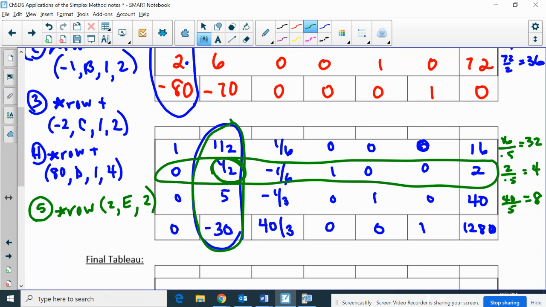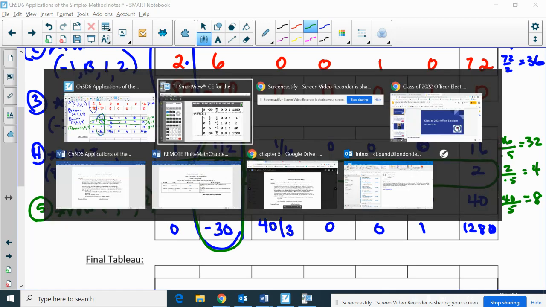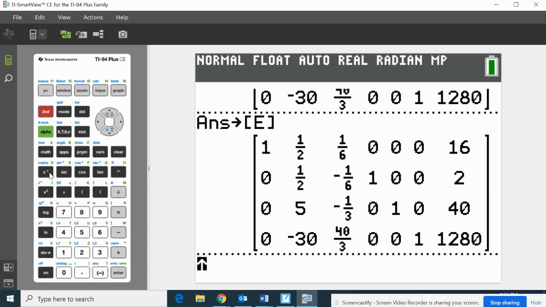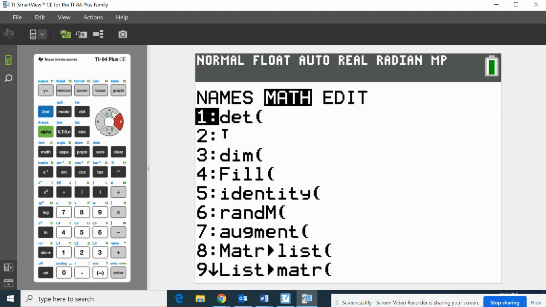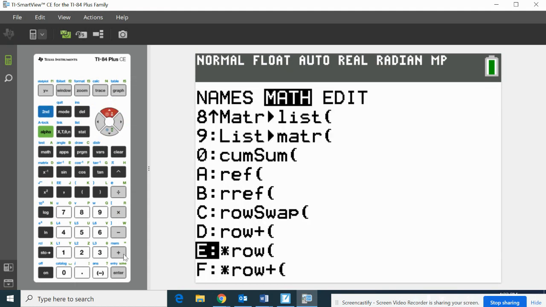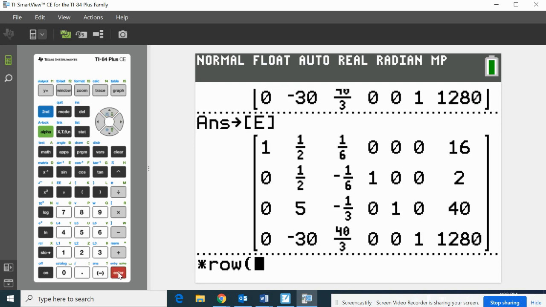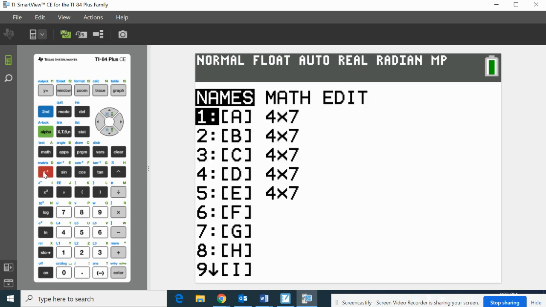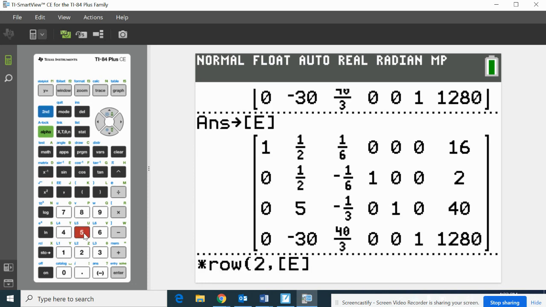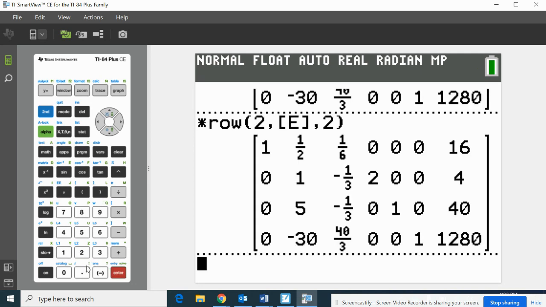So now I'm going to go back to my graphing calculator. Second matrix, arrow to math, and arrow up to star row, which is E. I'm going to do 2, comma, second matrix, number 5, comma, and row 2 is what I'm multiplying. Close it up and hit enter.